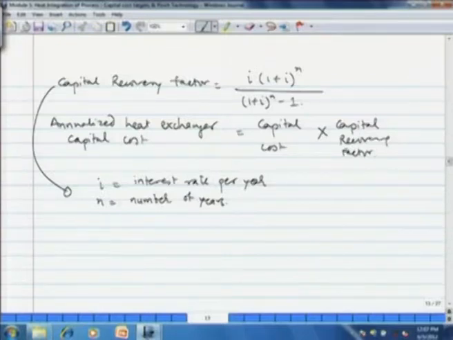It has to be done using a capital recovery factor, which is given as I into (1 plus I) to the power n divided by (1 plus I) to the power n minus 1, where I is the interest rate per year and n is the number of years. So, the annualized heat exchanger capital cost is the capital cost times the capital recovery factor.